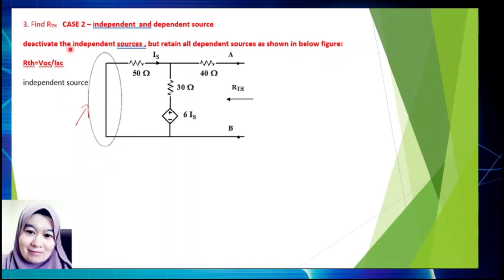And you use this equation: RTH equal V open circuit divided by I short circuit. Try to calculate this one using the equation to get the RTH.